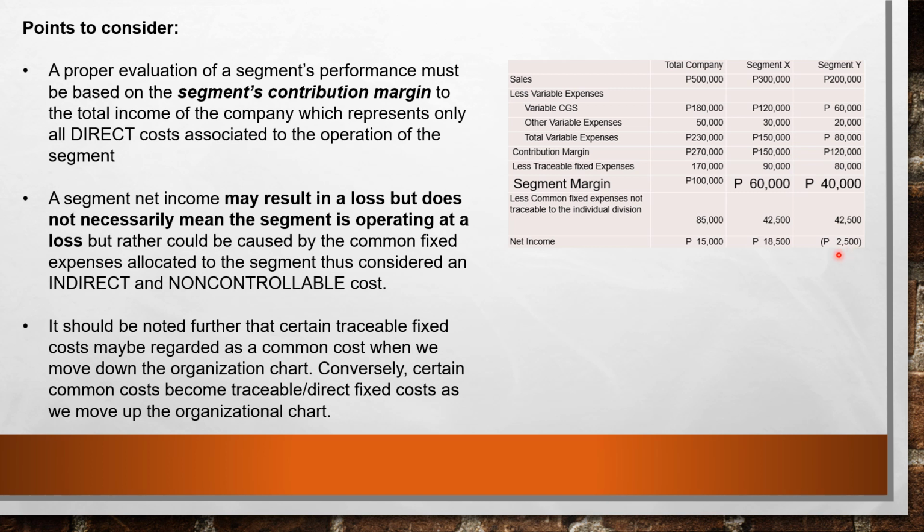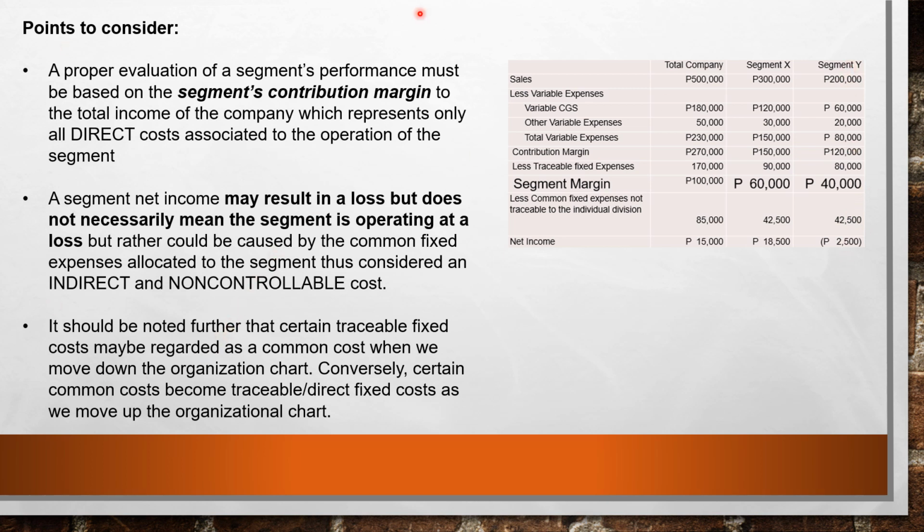The loss would rather be caused by the common fixed expenses, which are just allocated, indirect, not really related to Y, and non-controllable, not within the span of control of the manager of segment Y.